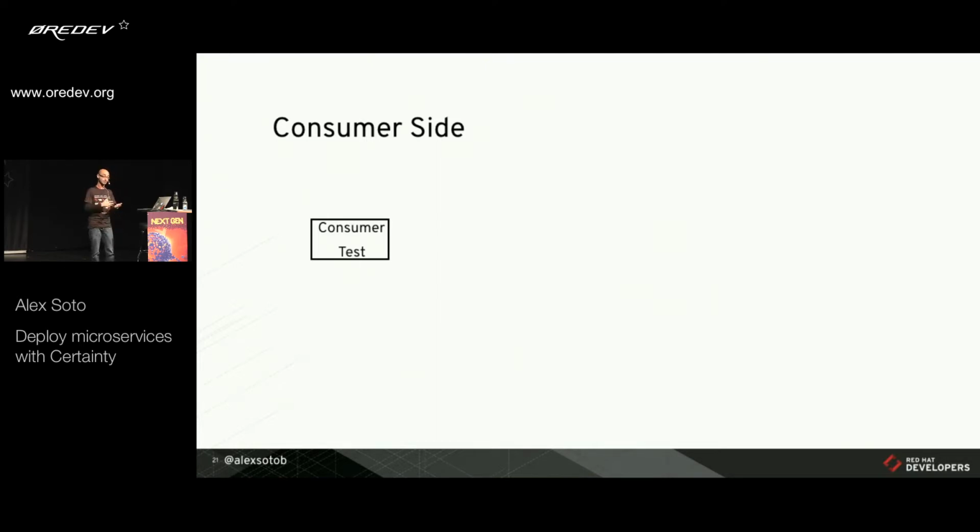It's one way to do that. But basically, all the tools that are out there for consumer-driven contracts allow you to write your contracts programmatically in the consumer test. And the problem is that, okay, I have my contract and I have the consumer, but I need a provider, right? Because I need to be able to generate this contract by integrating with the provider.